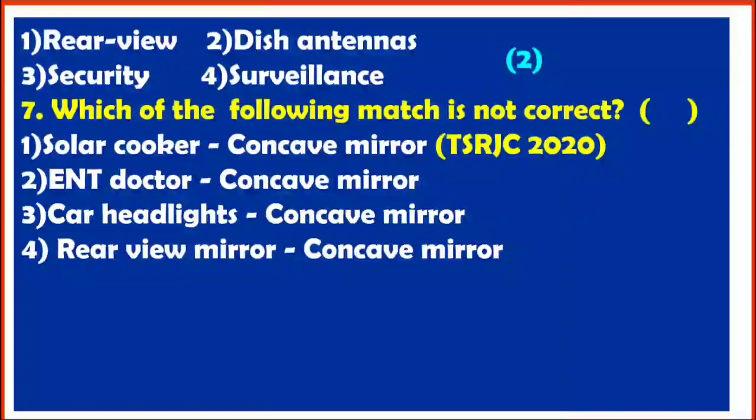In solar cookers we use concave mirror. ENT doctors also use concave mirror. In car headlights we use concave mirror. But in rear view mirror we use convex mirror. So correct option is option 4.